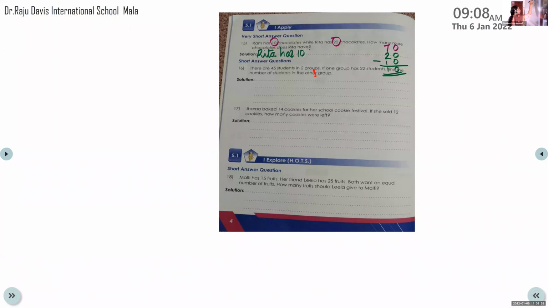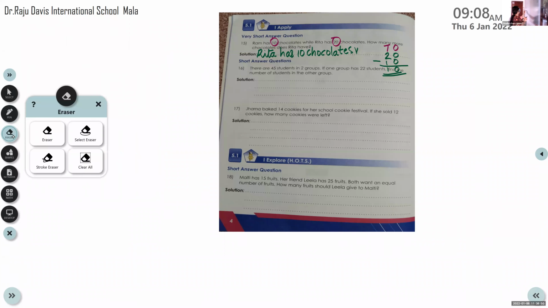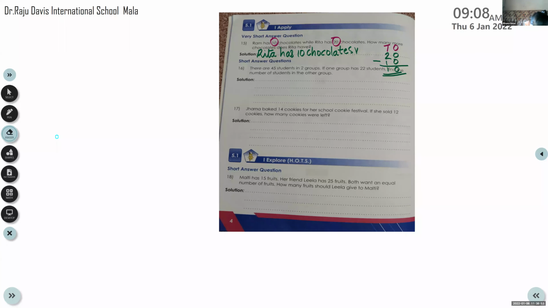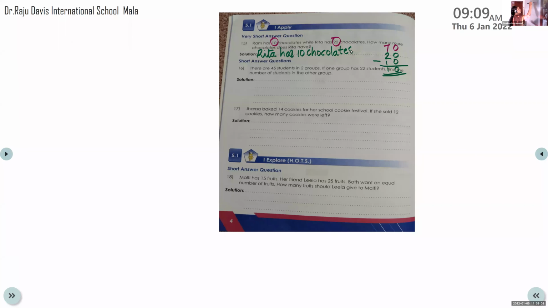10 chocolates more. You can also write, Rita has 10 chocolates more than Ram.